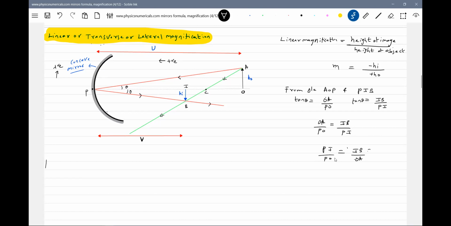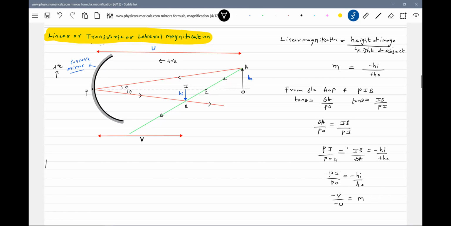IB should be equal to minus HI. What is OA? Plus HO, already I defined it. Then what is PI? PI should be the image distance, minus v. PO is minus u. What is HI by HO? HI by HO is what we should call the magnification.